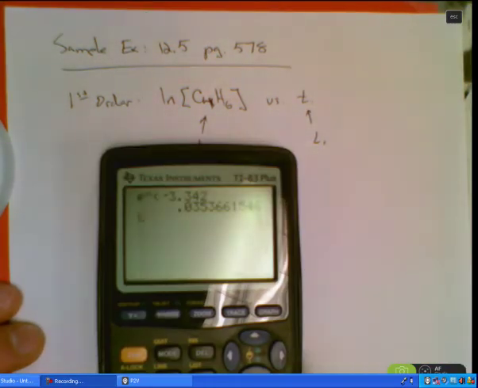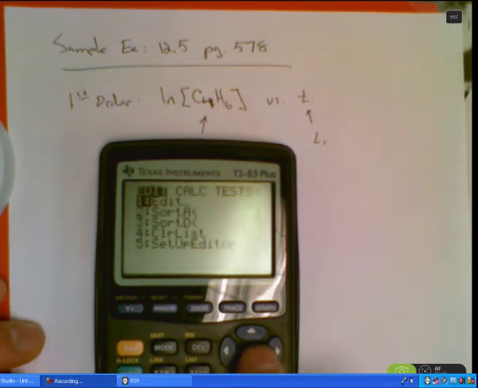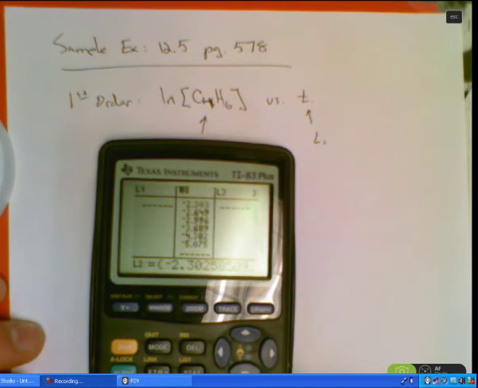You could do list 3, 4, all that, but I clean up lists as quick as I can. If you can't remember the procedures exactly, pull out your notes that I just gave you. I'll pull mine out, and I want to go to stat, edit, lists. I want to clear these lists. I don't want to deal with lists 3 and 4. So there we go, it's cleared. Now, plugging in data.